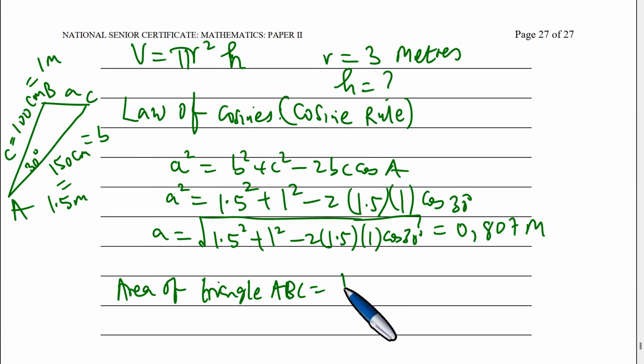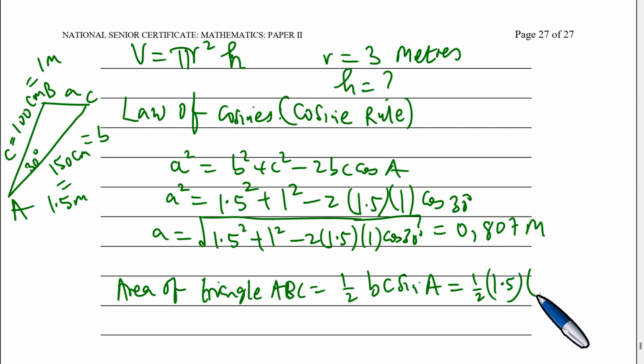Right, by using the area formula, the area of this triangle is half bc sine A, which is half b, which is 1.5, c is 1 meter, times the sine of 30 degrees.